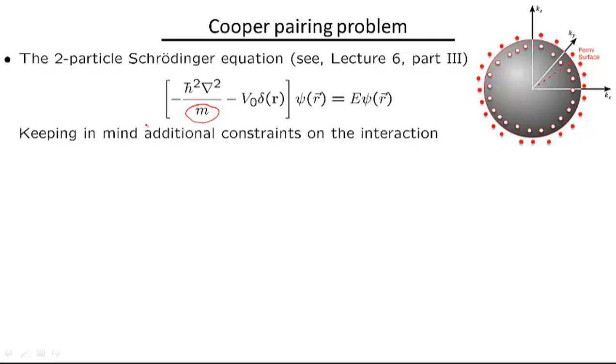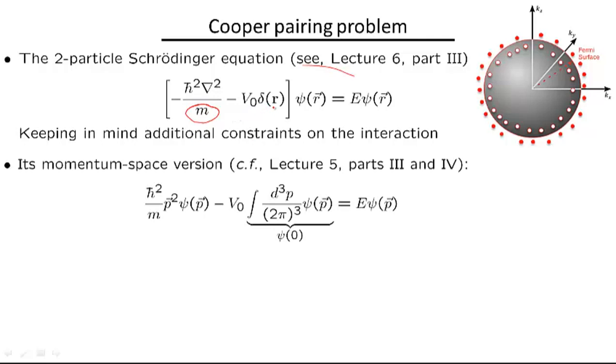And in the case of 2 identical electrons, the reduced mass is equal to m over 2, so we have simply this Schrödinger equation. Here I write it first in real space, keeping in mind that there are in fact additional constraints on the interaction. So if we follow the same route that we did in lecture number 5 and do a Fourier transform, we can write this equation in this form.